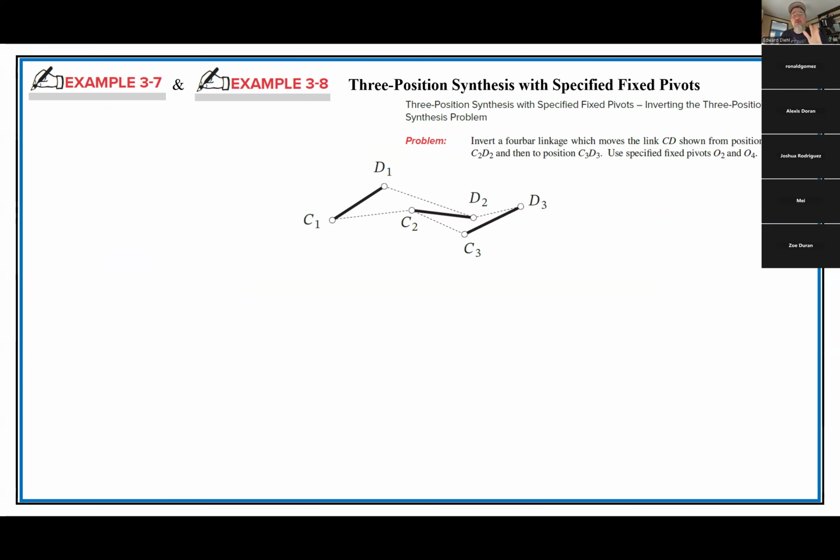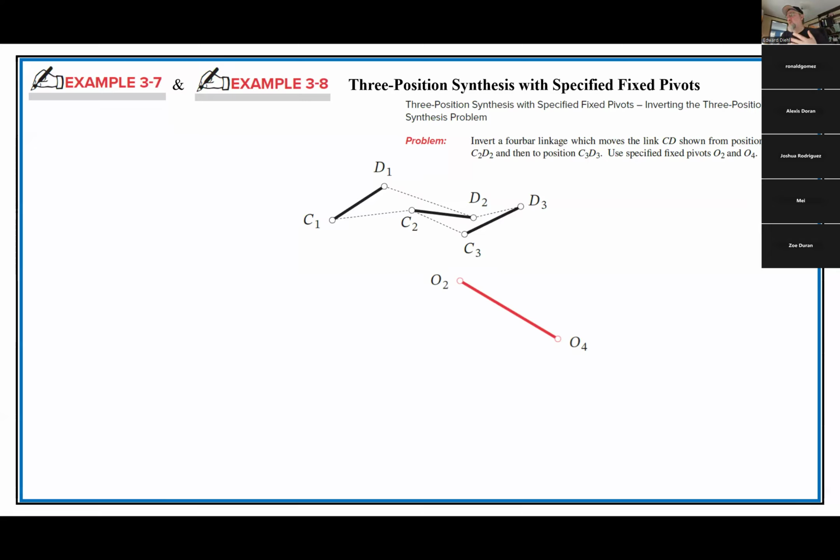All right, so here are the three positions that we originally had, and we would like to find a specific ground position. We're not going to find a ground that does this. We're going to find a mechanism with this ground that will move through these three points.